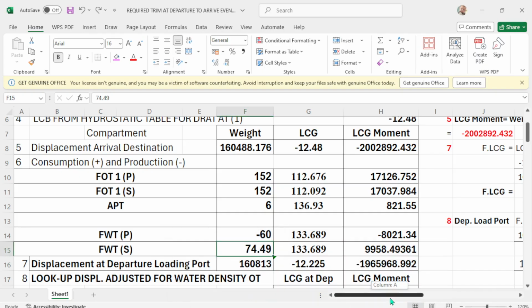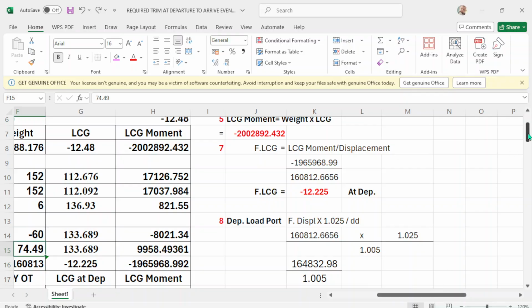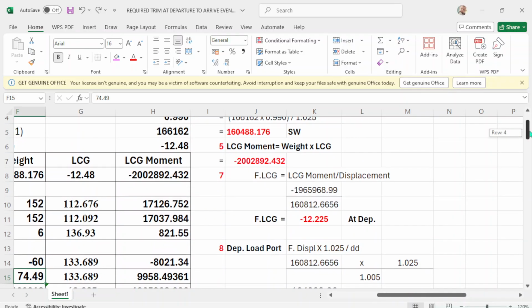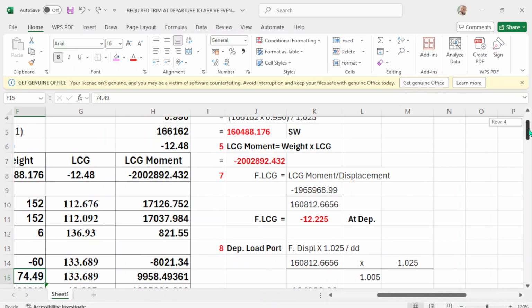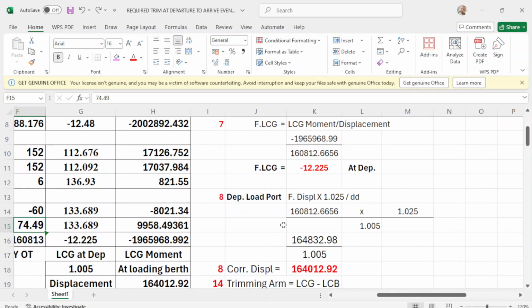Okay, so what we do here: you have already your LCG moment and final LCG. How to get this 12.225?